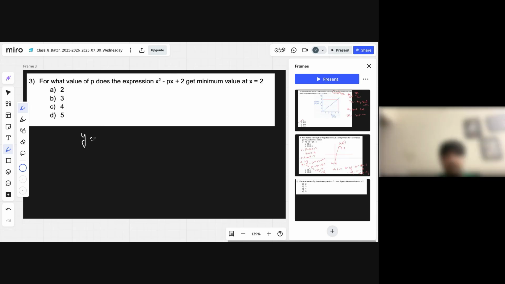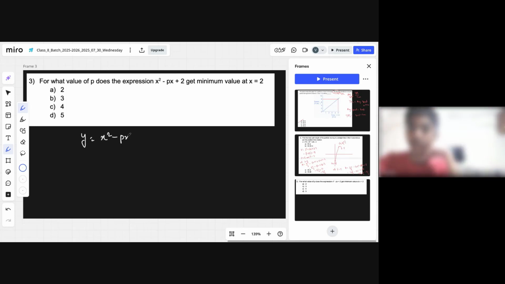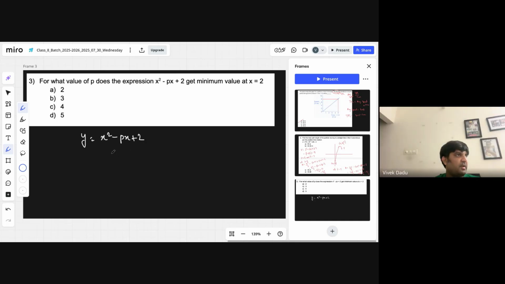First we'll substitute 2 in the place of x. Plot the graph of x square minus px plus 2. So how do we go? We plot an xy graph, but in place of y, what do we write?